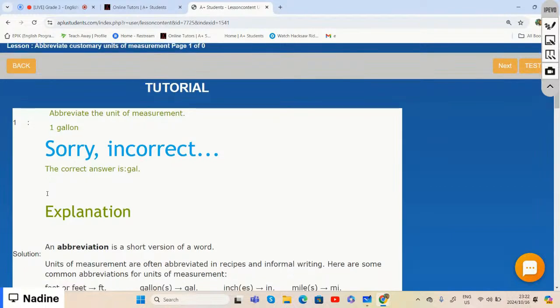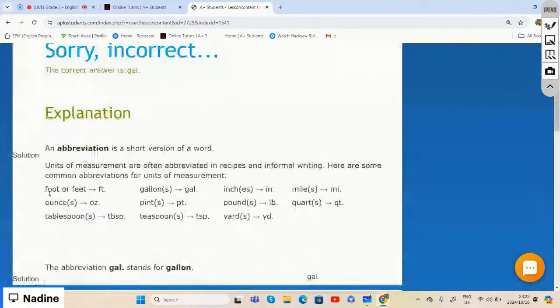All right. And remember, we said that an abbreviation is a short version of a word. And these are a few words that were abbreviated, right?